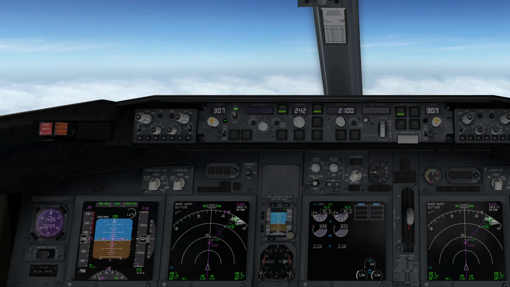So after Gander, tomorrow we'll continue the flight going from Gander to Halifax, and the day after it will probably be Halifax to Boston.